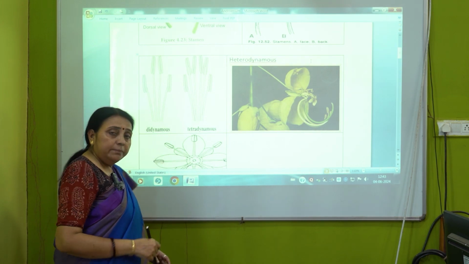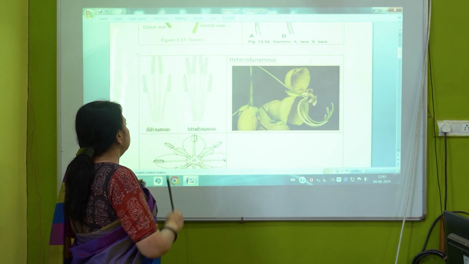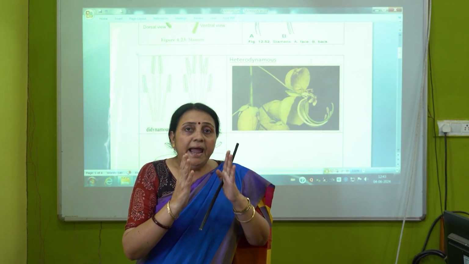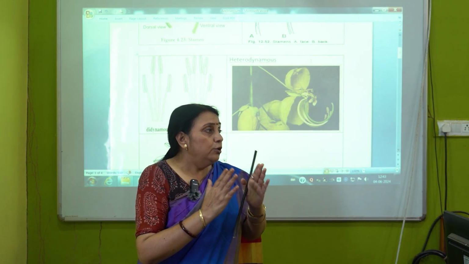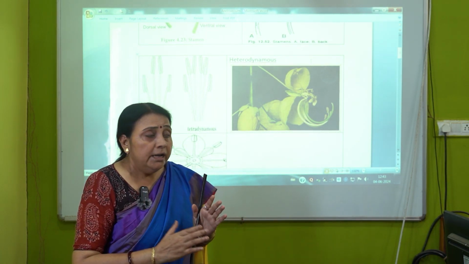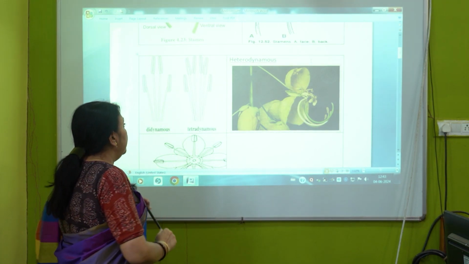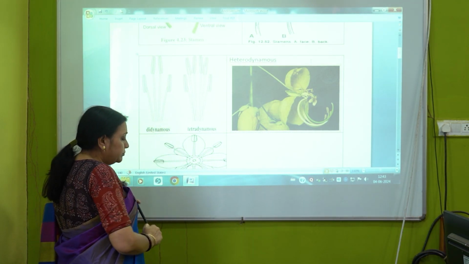What is the didynamous type of the anther? In this case, if we consider the flower has 4 stamens, 2 are long and 2 are short, on the basis of the length of the filament.